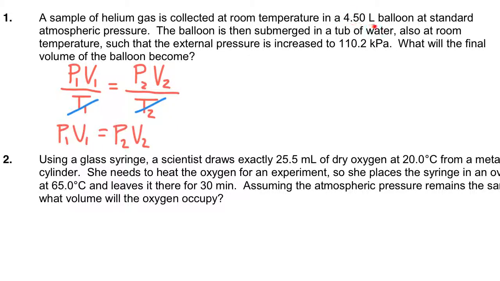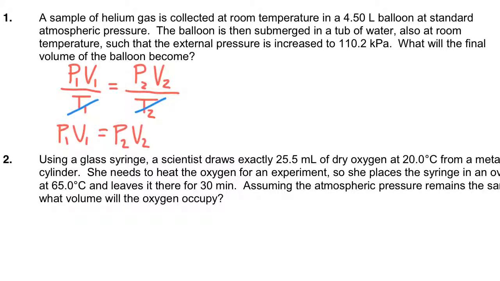Let's keep looking for values. We have a 4.5 liter balloon. That's the initial volume. That's V1. We have a standard atmospheric pressure, so standard pressure, that would be P1, 101.325 kilopascals. The pressure is increased. So P2 is 110.2 kilopascals.